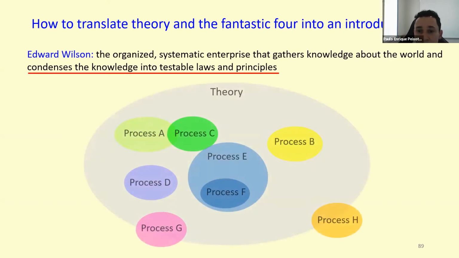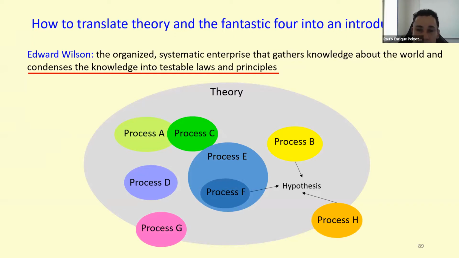So if I think about the theory and I want to condense the knowledge into testable laws and principles, basically I would create a hypothesis inside this theory, and we use some processes presented in this theory to build my hypothesis, to provide assumptions to my hypothesis, okay? So I have a hierarchical structure here.